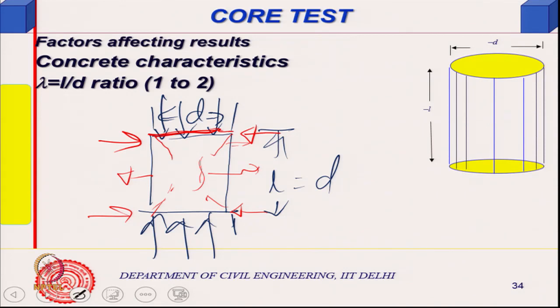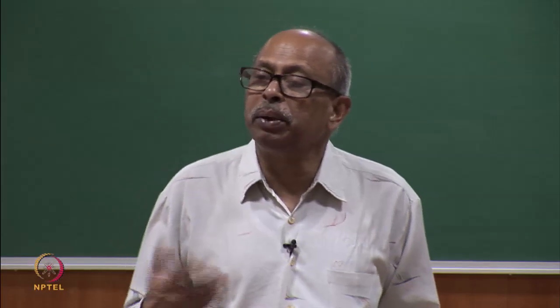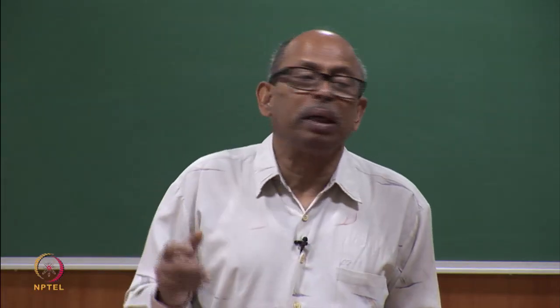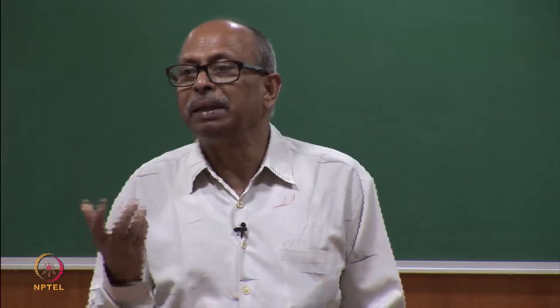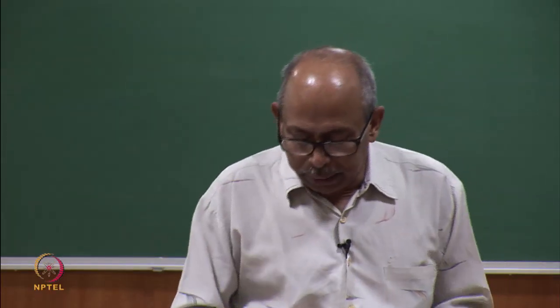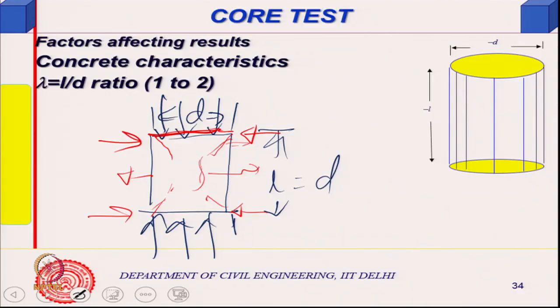L by D is usually 1 or 2, so you can see the dimension is very small compared to that required for buckling. Buckling occurs, as you might know for a short column, at a much larger L by D value. So, this is not buckling, this is essentially because of what is called the platen effect. So, the platen effect causes failure.